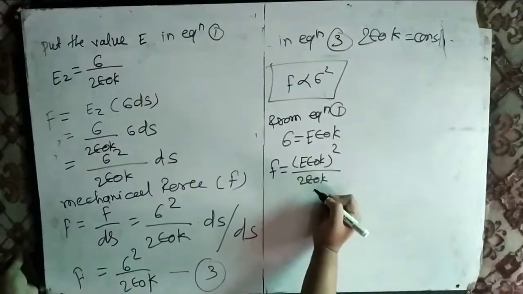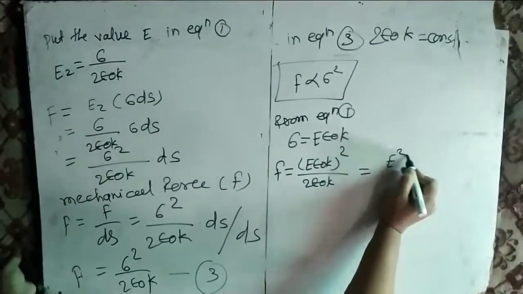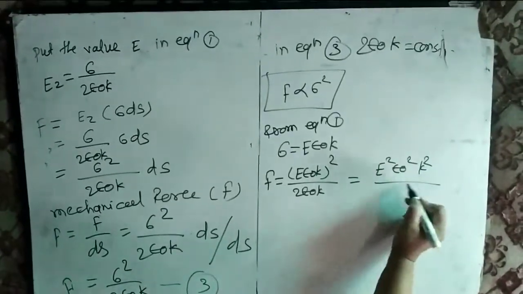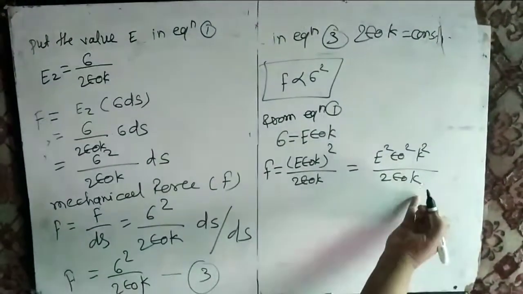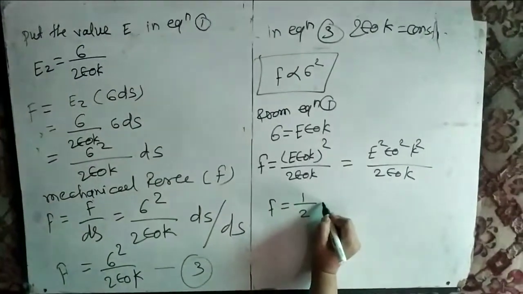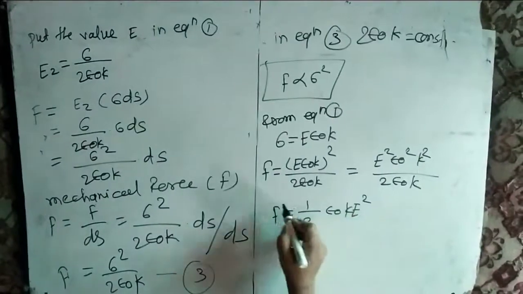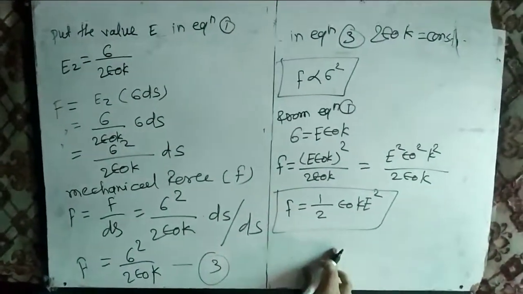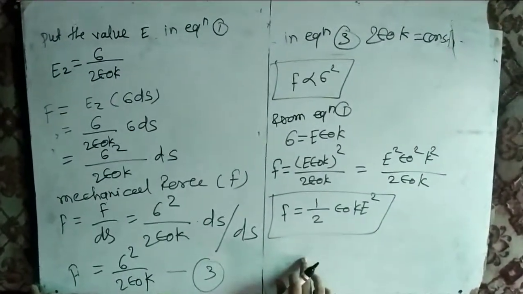Now separate the square: E square, epsilon 0 square and k square, over 2 epsilon 0 k. Modify this equation: f is equal to 1 by 2 epsilon 0 k E square, and this equation is known as the mechanical force per unit area, and this is a complete 4 marks question.